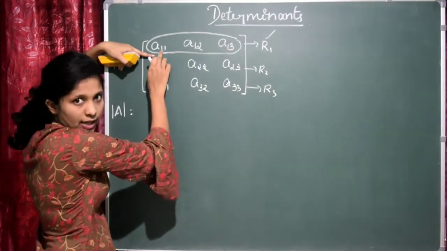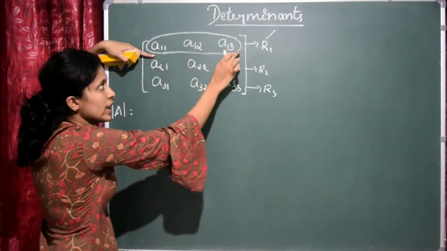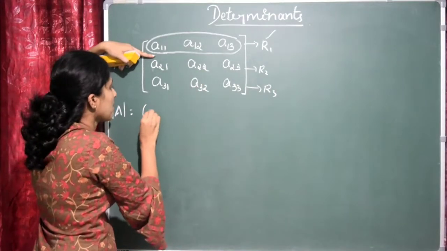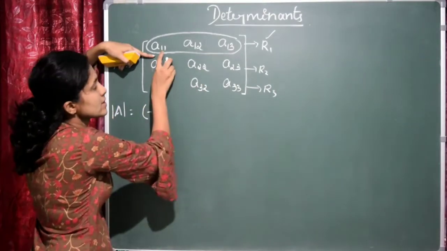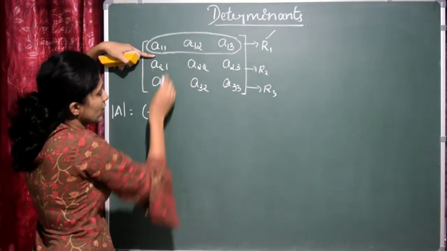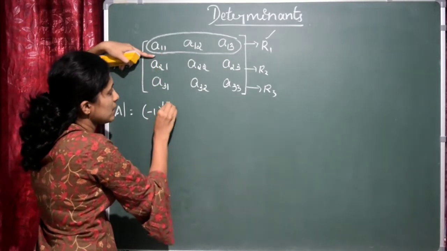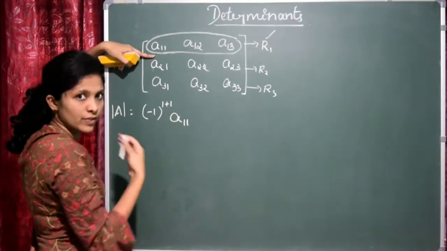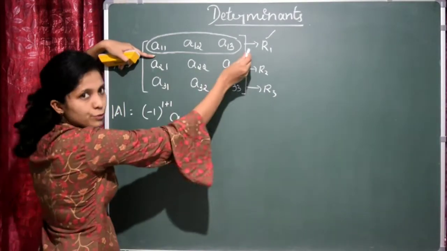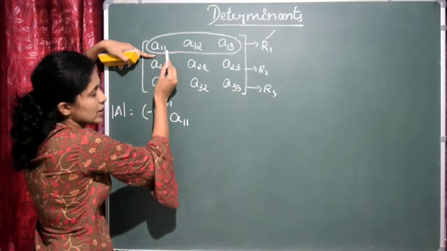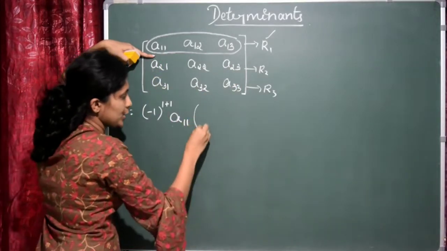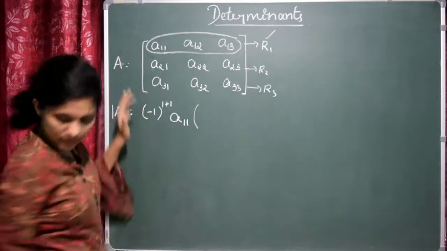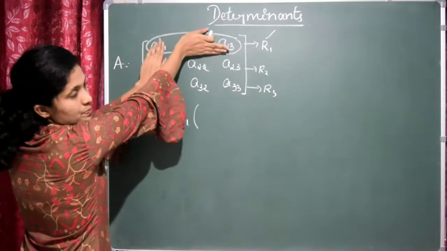First I have to write minus 1 to the power of the suffixes, 1 plus 1, A11 into, now I have to delete this row and this column.